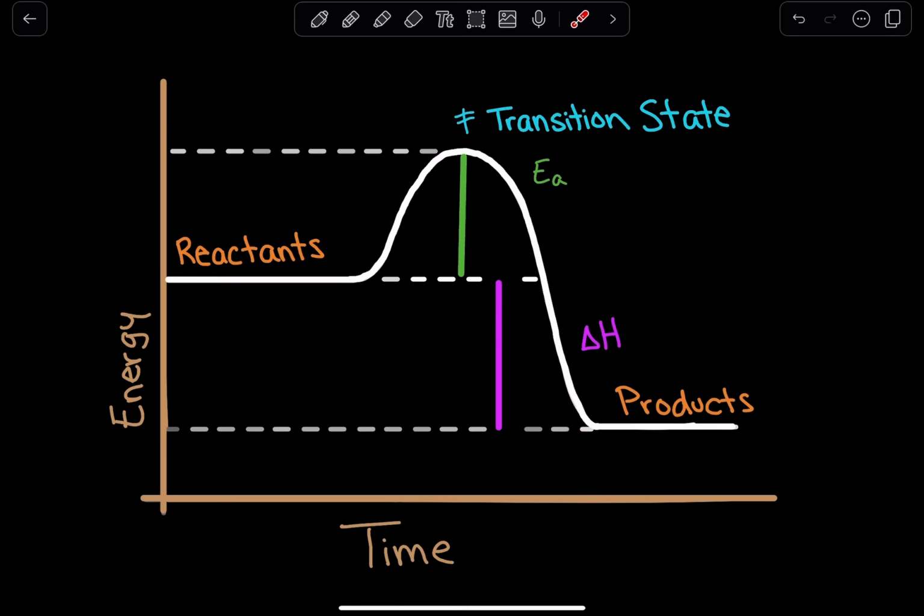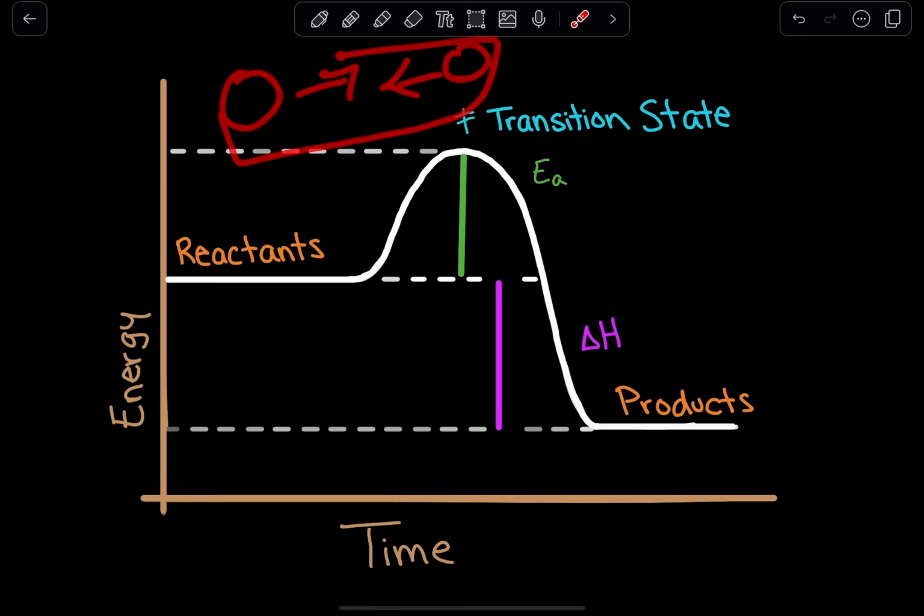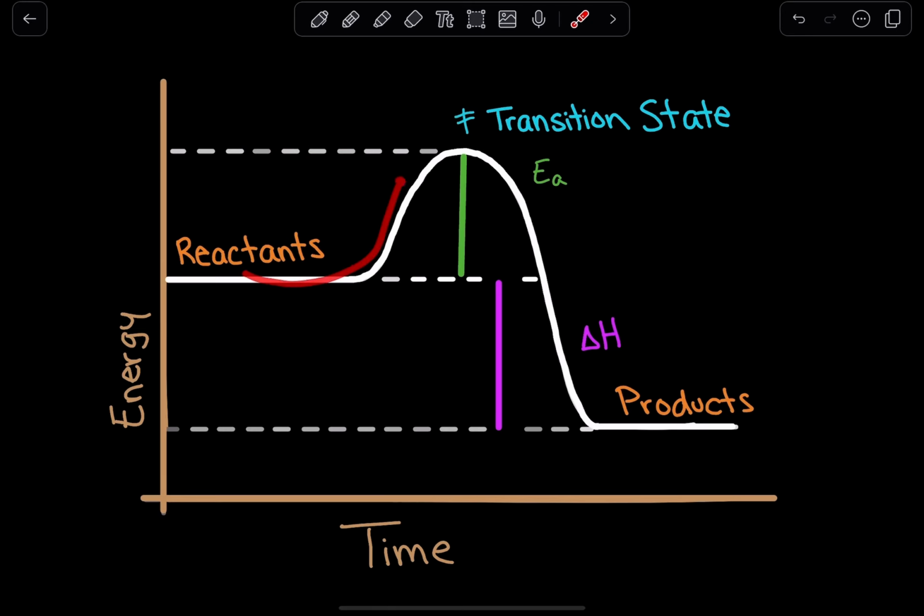That's because, remember, we have this activation energy over here. And this activation energy is the hill that these reactants must cross in order to become our products. So if two molecules collide with one another and they do not have enough energy to cross this activation energy barrier, they will not be able to become products.